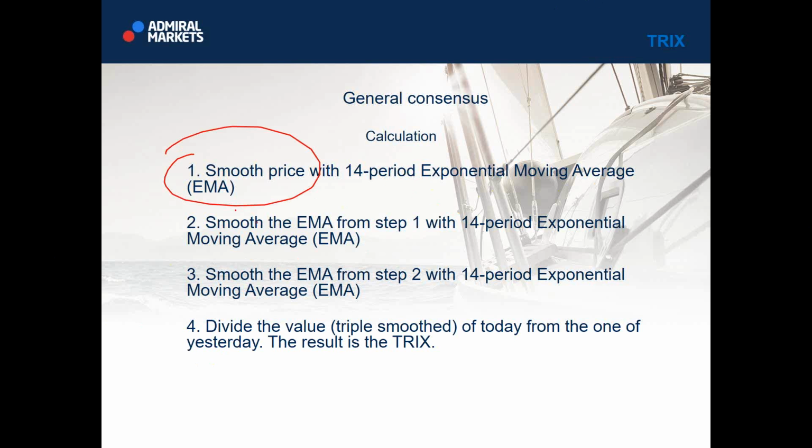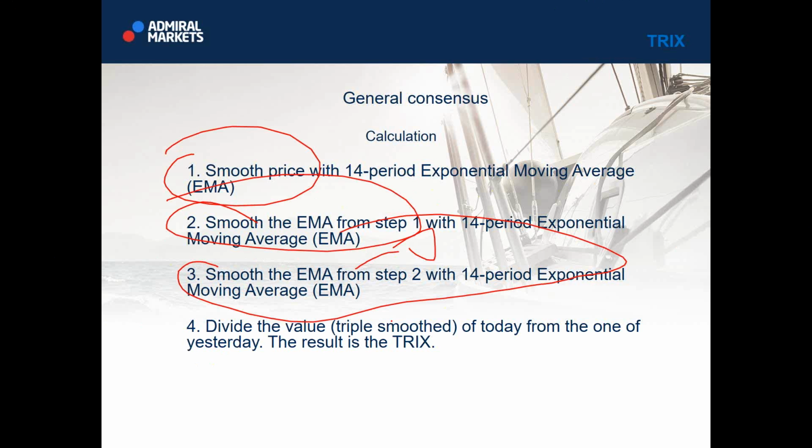Then you smooth the EMA that you got from this step with a 14 period EMA again. So three smoothing steps are enough to give us the TRIX. Then you divide the triple smoothed value of today from the one of yesterday, and you will get the TRIX calculation. Usually it's EMA 14, and you do it like that.